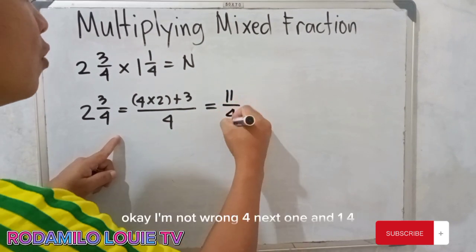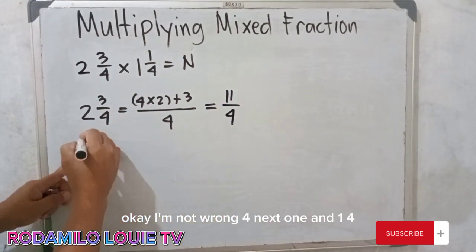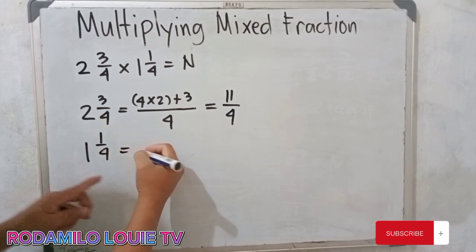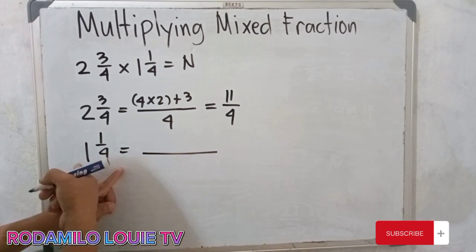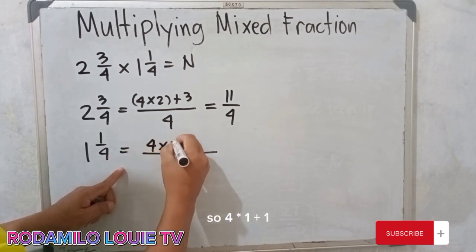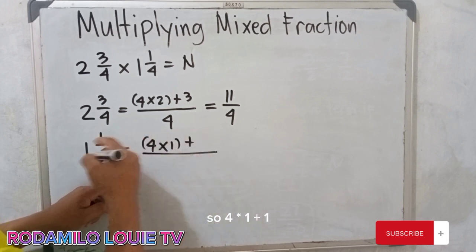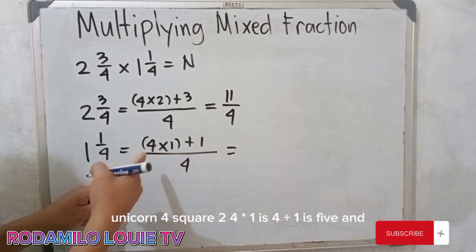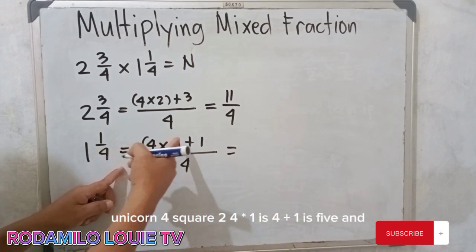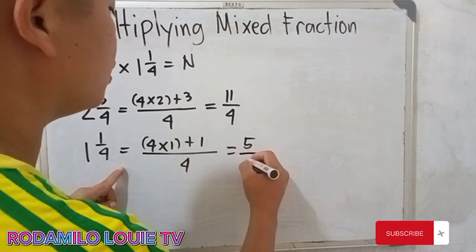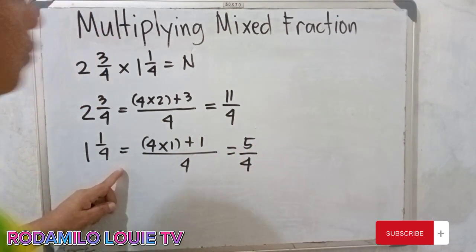Kopyahan na ito ang 4. Next, 1 and 1/4. So, 4 times 1 plus 1 is equal to 4 times 1 is 4 plus 1 is 5. And kopyahon na ito ang 4.